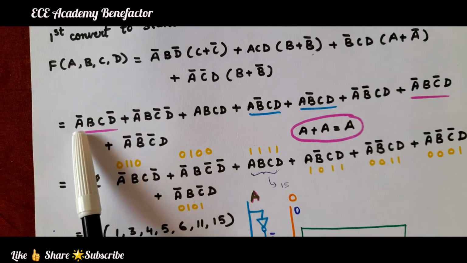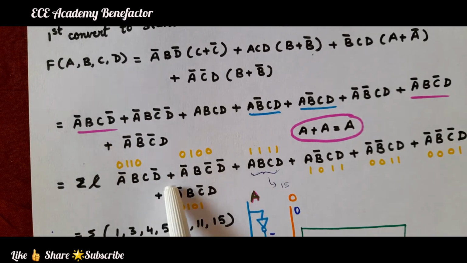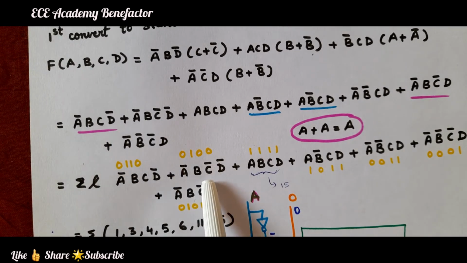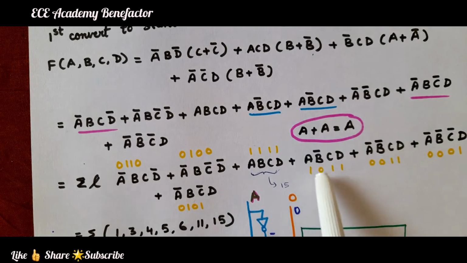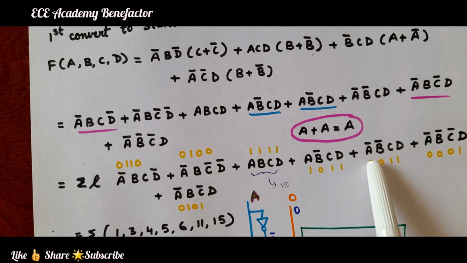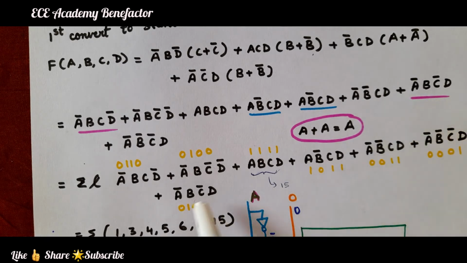So, it is written A bar B C D bar plus A bar B C bar D bar plus A B C D plus A B bar C D plus A bar B bar C D plus A B C bar D plus this last term A bar B bar C bar D.